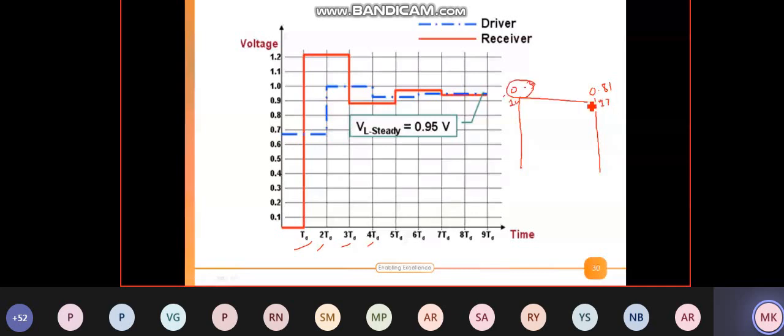At 1t, whatever voltage you see here will be the incoming voltage multiplied by the reflection coefficient. The voltage leaving at 2t will be 1 volt multiplied by 0.31, plus whatever voltage comes, let's call it x at 1t, multiplied by 0.81.